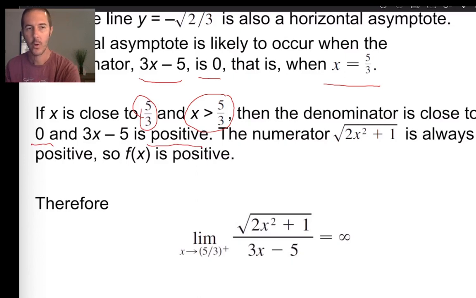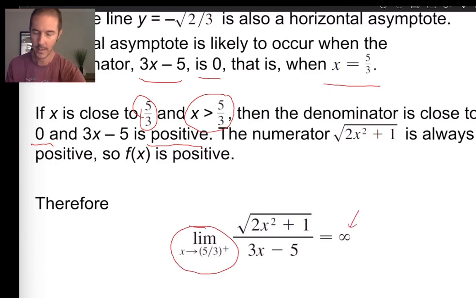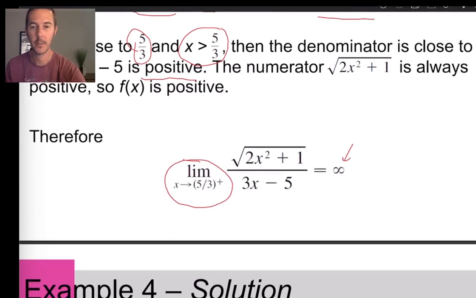And so our y values would be curving up toward positive infinity as we approach an x value of 5/3 from the right. And the numerator is always positive, so thus we can say that as we approach an x value of 5/3 from the right, this function is going to have a y value that approaches positive infinity.